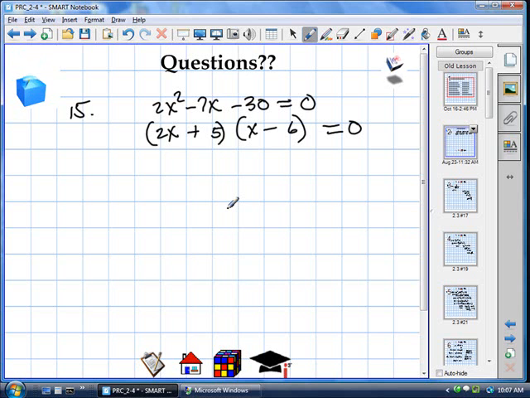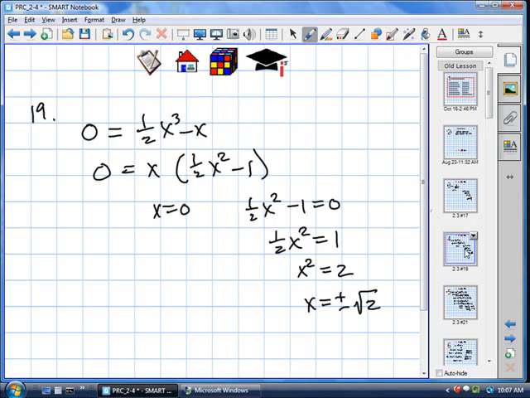Yep. Number 19. Another one of those. Okay. So take it, set it equal to 0. This one is nicely factorable. I simply factored an x out. And then set each of the two factors equal to 0.